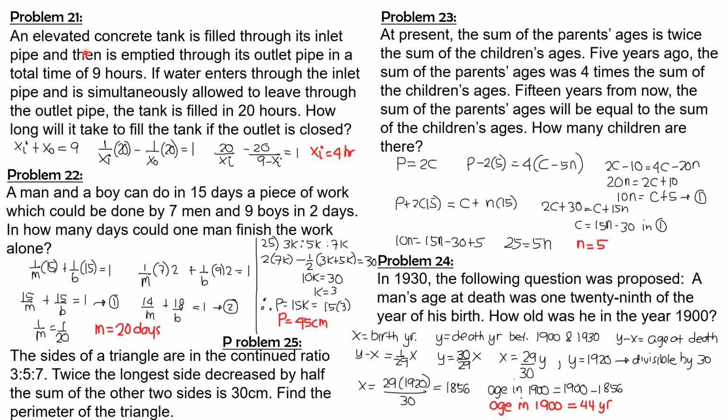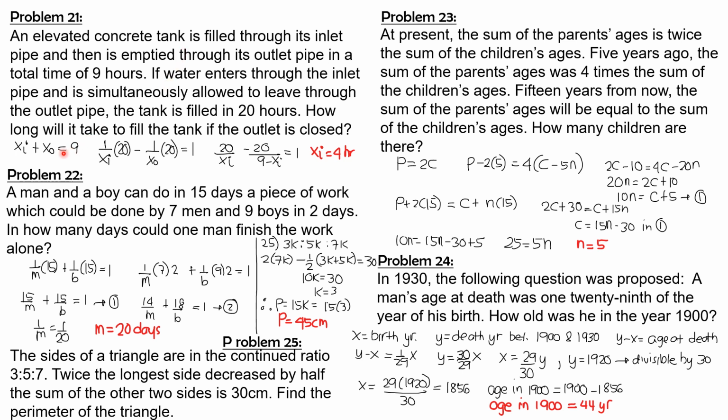So take note that if we call xi the time for the inlet pipe to fill the tank alone, and the time for the outlet pipe to drain the tank alone xo, then from the first condition, xi plus xo equals 9.